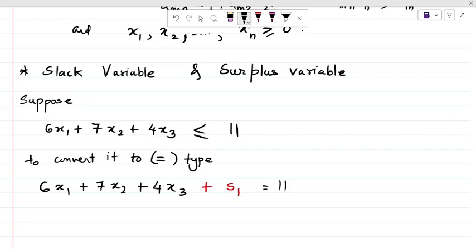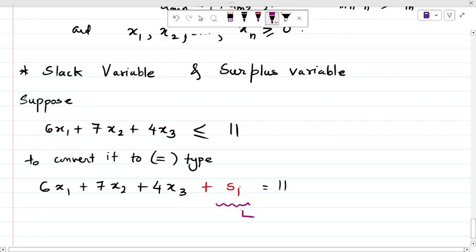When you make it equal by adding, this variable is called a slack variable.